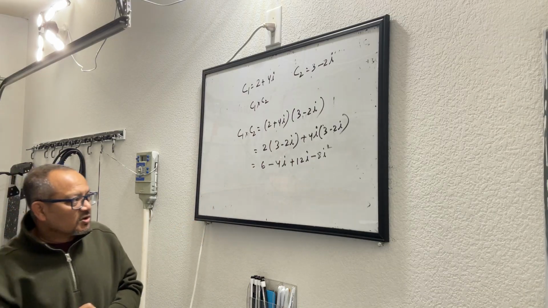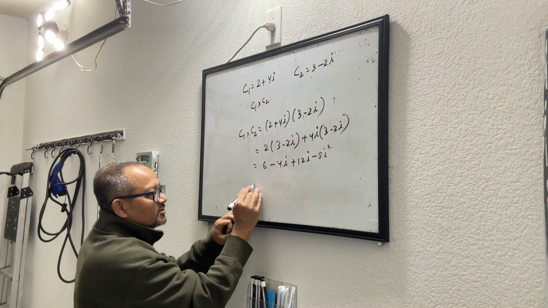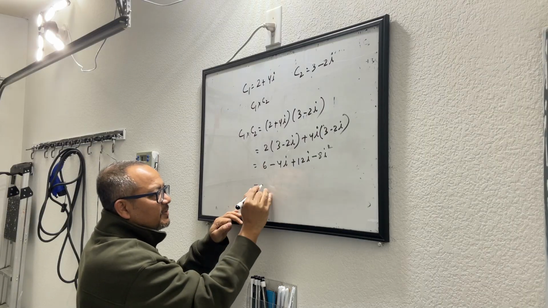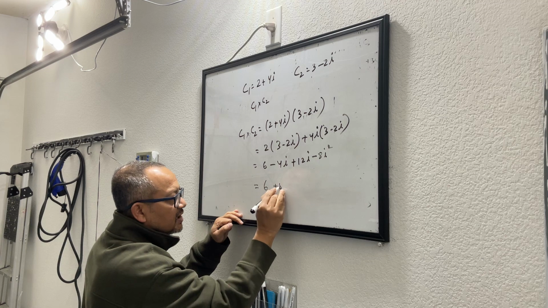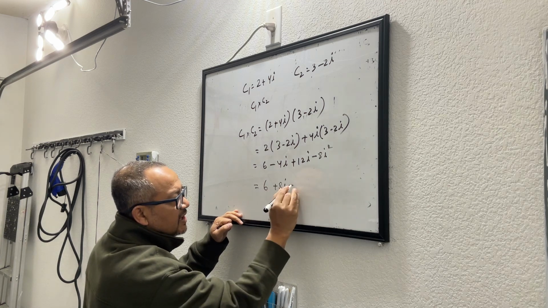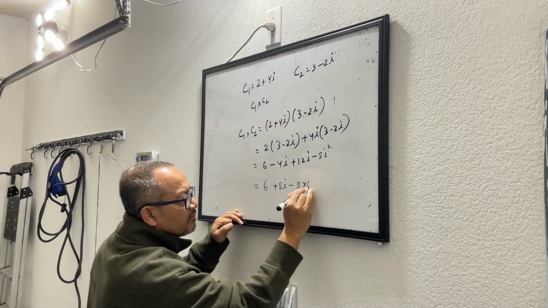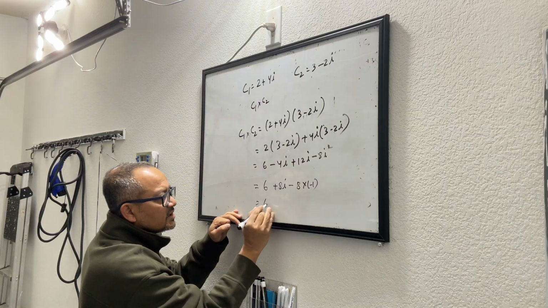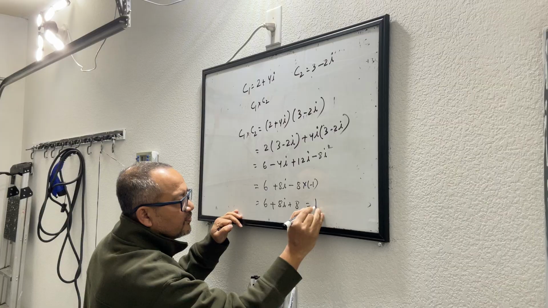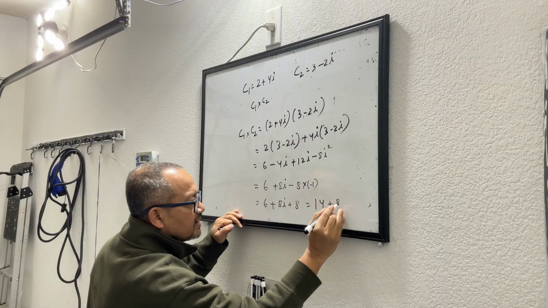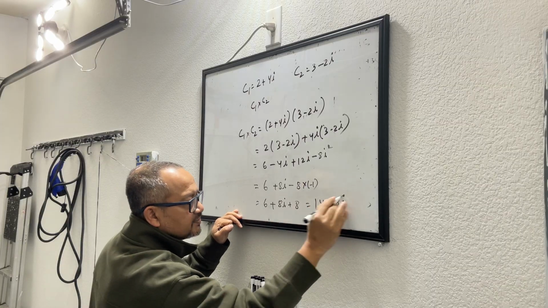Just be watchful, okay? So this became 6 minus 4i plus 12i, which is nothing but 8i, and this became minus 8 into minus 1, which is plus 8. So 6 plus 8 is 14, plus 8i: 14 plus 8i.